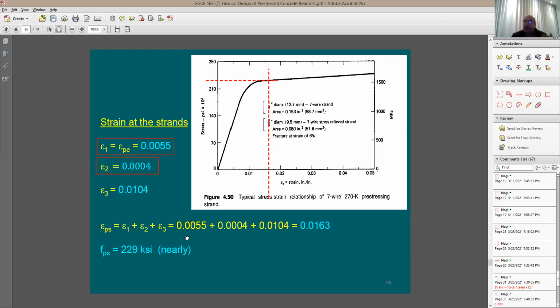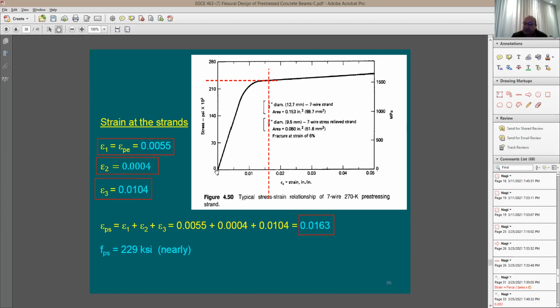And due to the applied load at the capacity point, you're going to have additional strain of this much in the steel. When you add them all, this is going to be the total strain that you have in the strands.